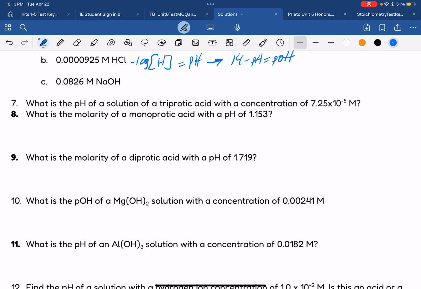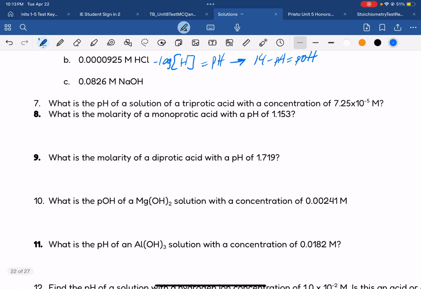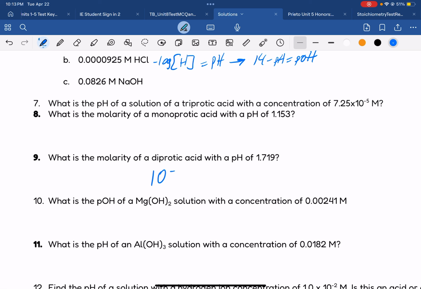Like number 9, what is the molarity? That's just hydrogen ion concentration. So you just do this, and then this would give you the concentration. Or you could write it as this.